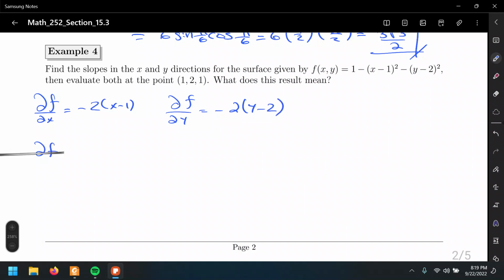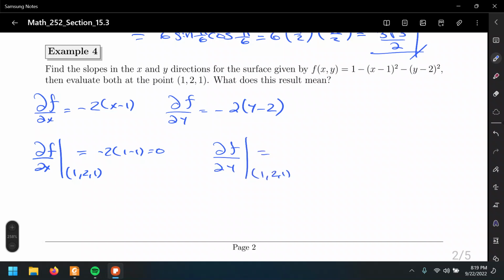So df dx at the point 1, 2, 1. Well, all we need is to plug in the x's and the y's. So that's negative 2 times 1 minus 1, which equals 0. On the other hand, the partial with respect to y at the point 1, 2, 1 is negative 2 times 2 minus 2, and it's also 0.